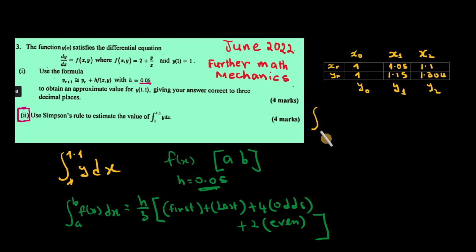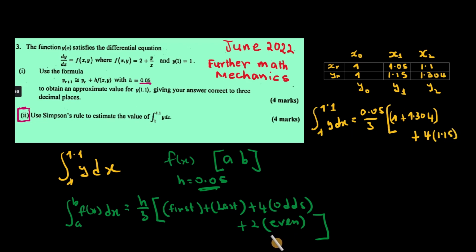Now the integral from 1 to 1.1 of y dx is equal to h, which is 0.05, into the first term of y, which is 1, plus the last term, which is 1.304, plus 4 times the odd terms. The odd term here is y1, which is 1.15, plus 2 times the even terms.